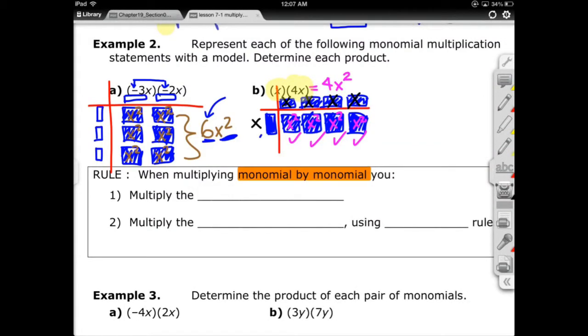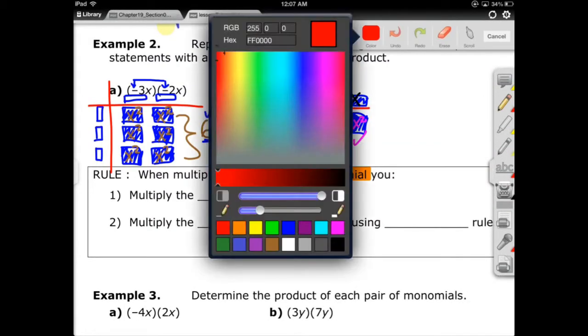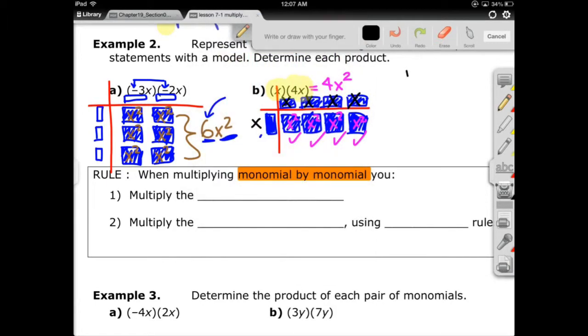Going back to the pen tool, I'll just choose a nice dark color here. You had 1x being multiplied, the dot for that, by 4x. If there's an x, there has to be at least one there. It had the 1 being multiplied by the 4, and if you were paying attention, what really happened was the x's got multiplied together.